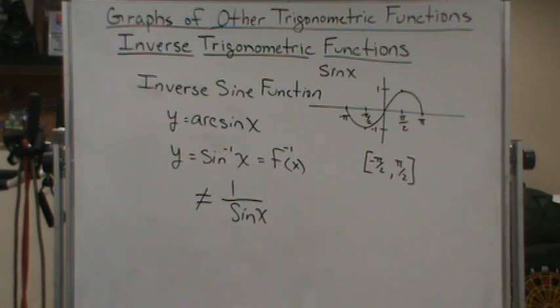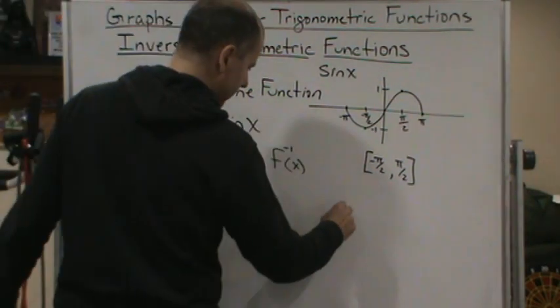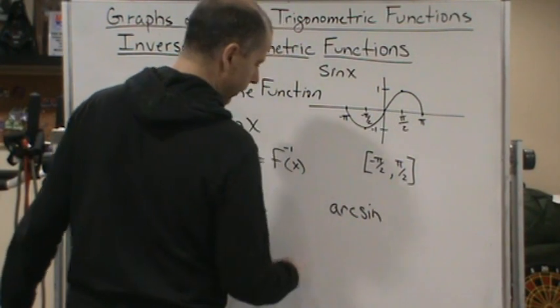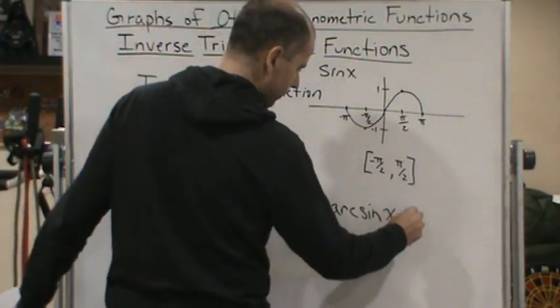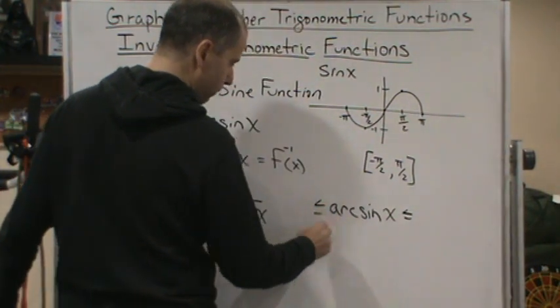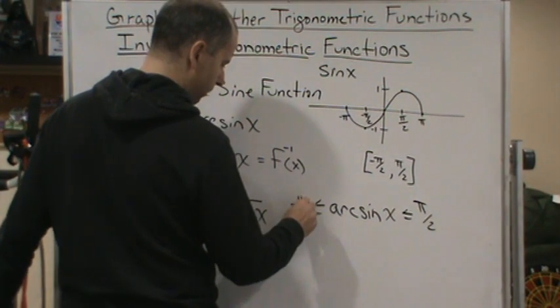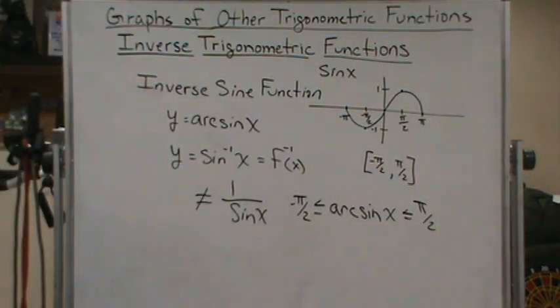Okay, and so remember the values of arcsine are going to be in between, as you might suspect, negative pi over 2 and pi over 2, right? Because we're looking at angles.